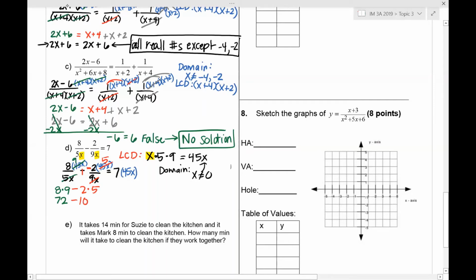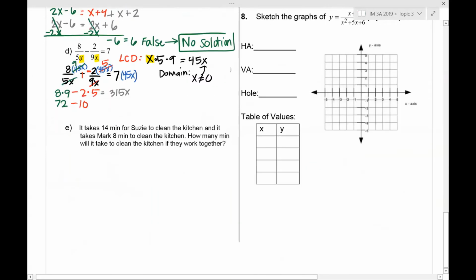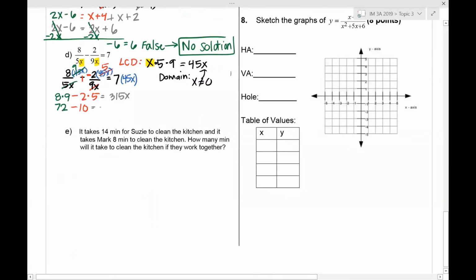And then for the other side of the equation, I don't have any denominator, so there's no reducing. I'm just multiplying 7 times 45x, which is 315x. And so 72 minus 10 equals 315x. If I combine like terms over here, that's 62 equals 315x.